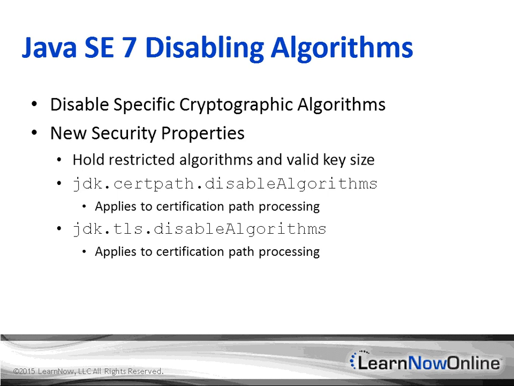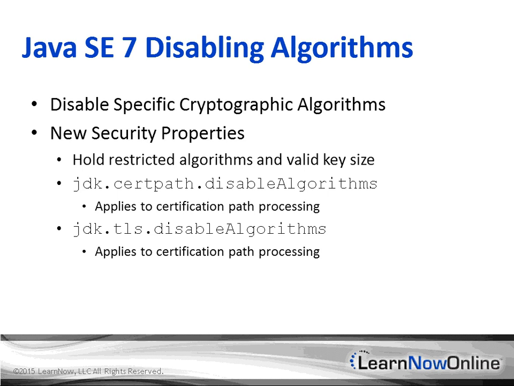The security property jdk.tls.disableAlgorithms holds a list of the restricted algorithms that apply to the SSL TLS protocol processing. These algorithms are used during SSL TLS security parameter negotiations involving versions, cipher suite selection, peer authentication, and the process for exchanging keys.